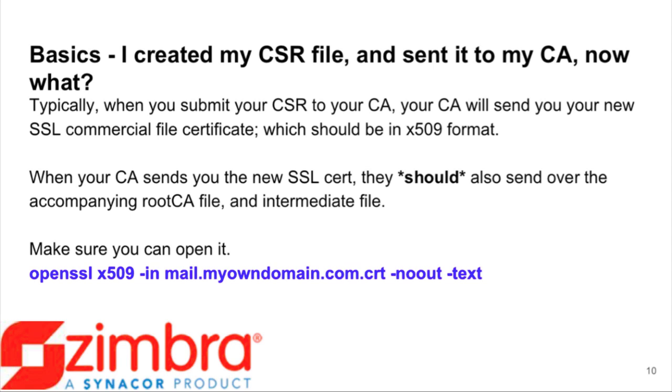I don't know why. But if you're ordering a new certificate, make sure to ask them for the root CA file and intermediate file if needed. And sometimes you might even need a third file to complete the chain, which is called a cross-reference file.